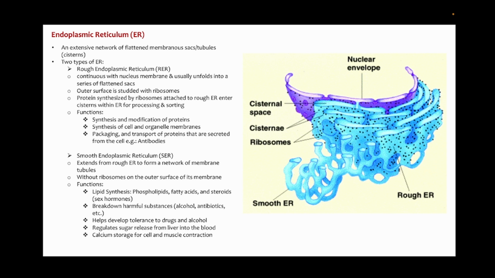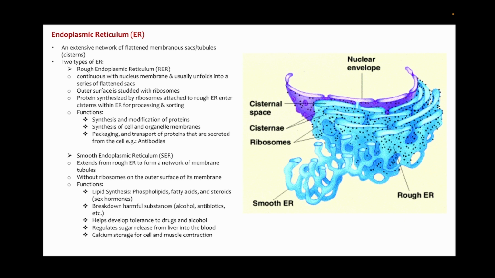The function of the rough endoplasmic reticulum is to synthesize and modify proteins, to synthesize cell and organelle membranes, and to package and transport proteins that are secreted from the cells. Okay.